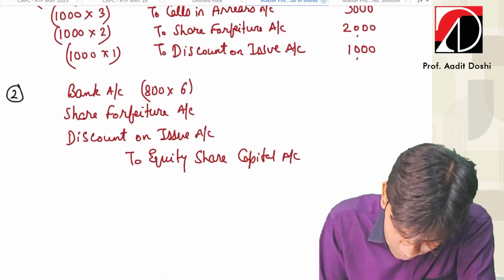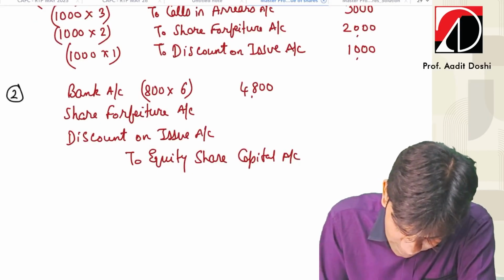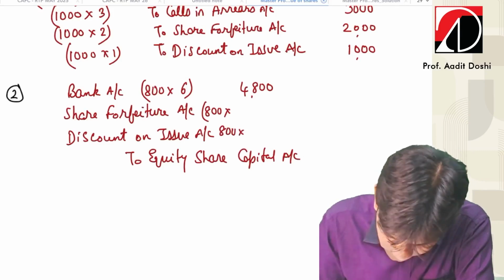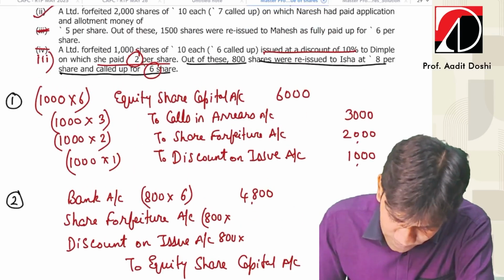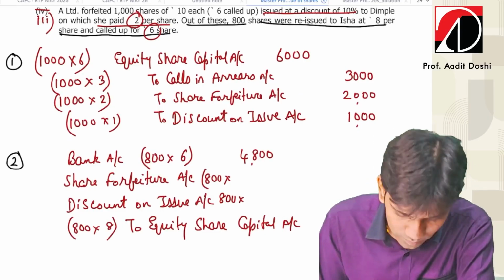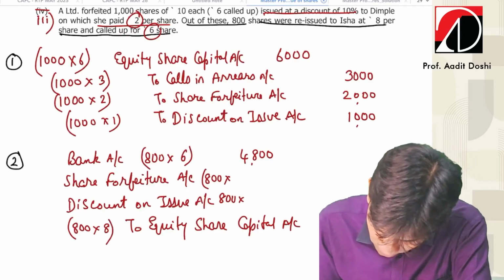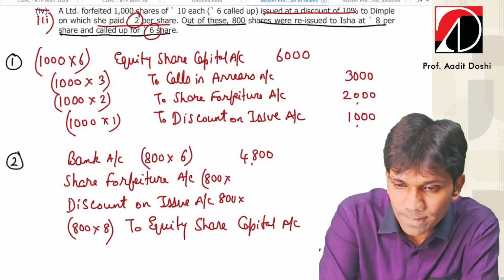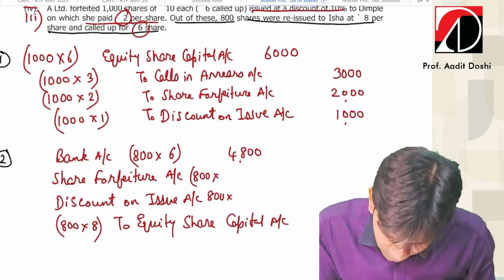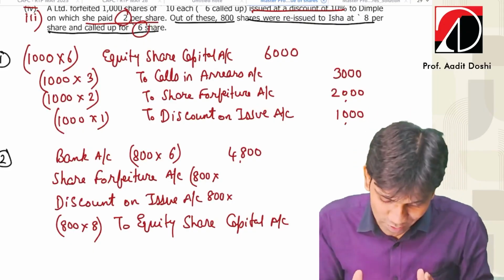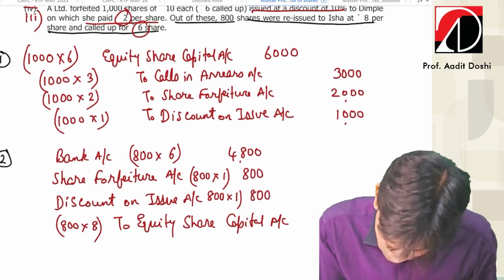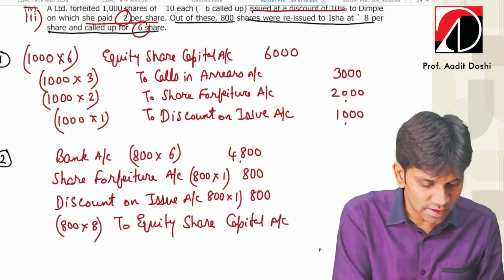So 800 into 6, 4800. शेयर फॉरफीचर में 800 into, डिस्काउंट में भी 800 into, कितना डिस्काउंट आएगा? शेयर कैपिटल में पहले देख लेते हैं. कॉल्ड अप 800 into 8, 6400. ओके, सो 800 into शेयर फॉरफीचर में कितना और डिस्काउंट में कितना? मैं बोलूंगा डिस्काउंट में एक, इसमें भी एक, 800, 800. सो 4800 प्लस 1600, 6400.